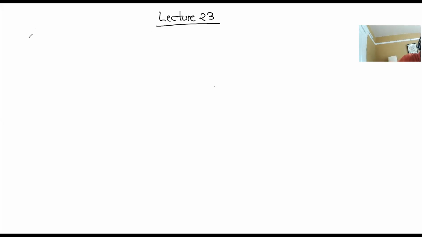Okay. So the first thing is I'm going to finish talking about the singular value decomposition. So that's section 7.4. Then I'm going to tell you a cool application of the SVD.